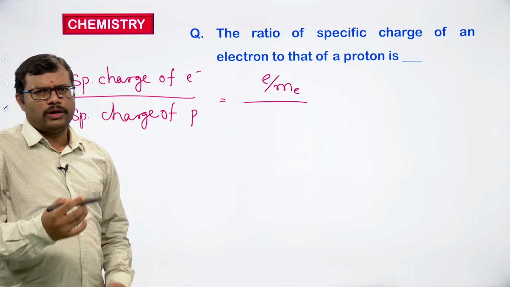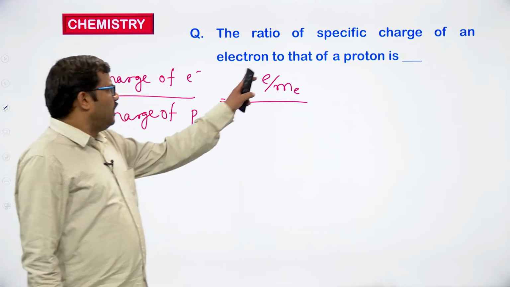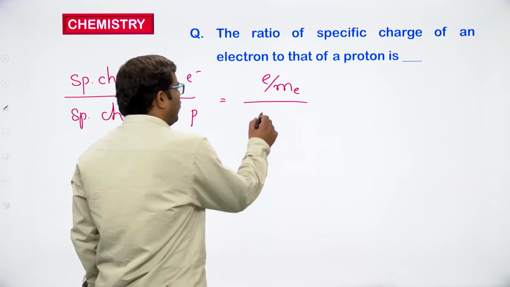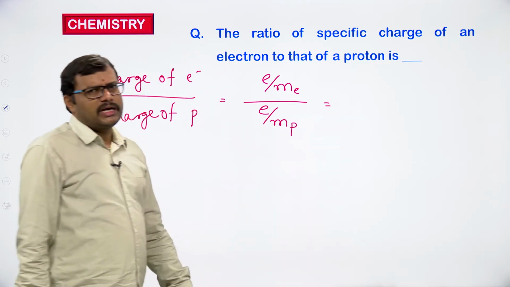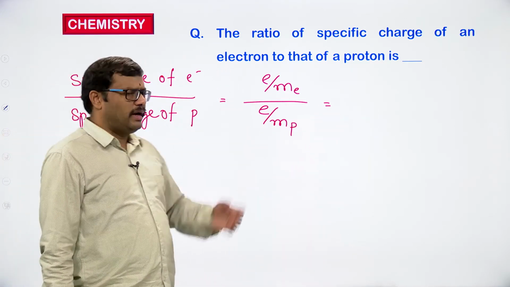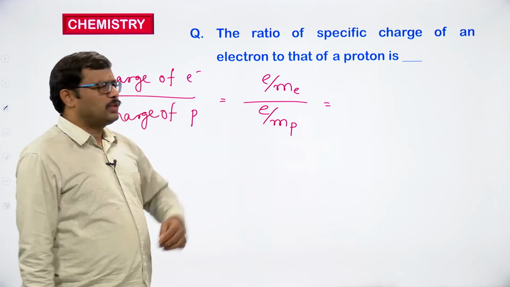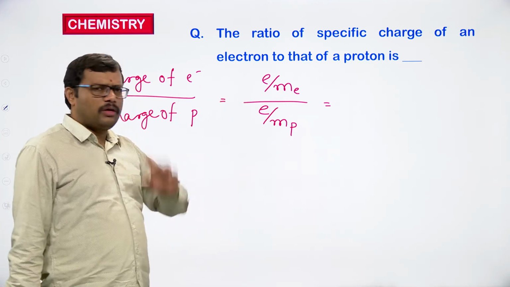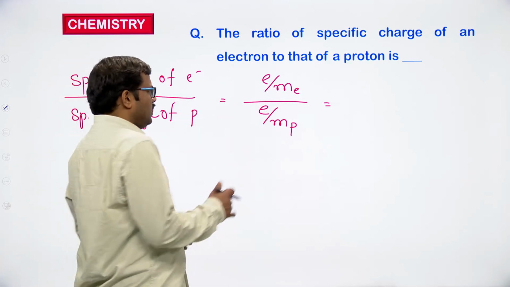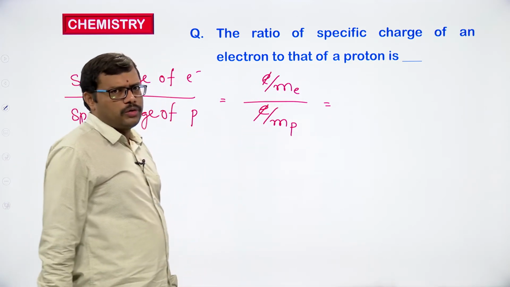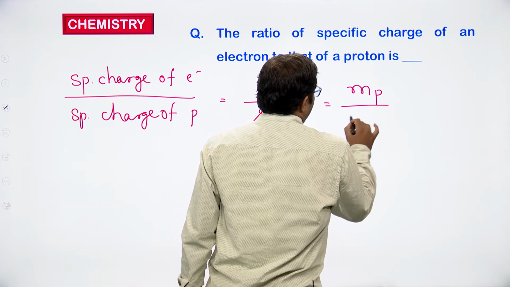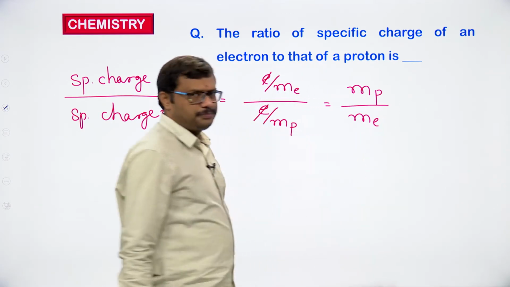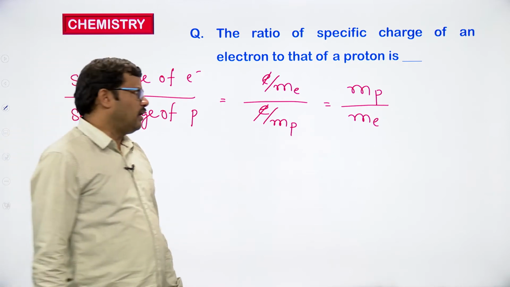So e by m of electron divided by e by m of proton. The charge on the electron is minus 1, whereas the charge on the proton is plus 1, so we take 1 for both. The charge is generally ruled out in these two cases. So this becomes mass of proton by mass of electron.